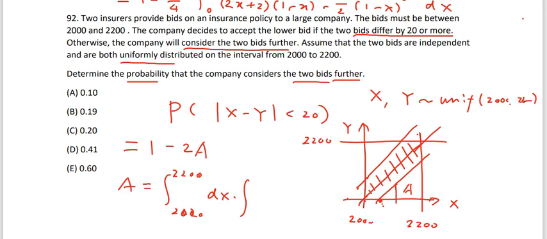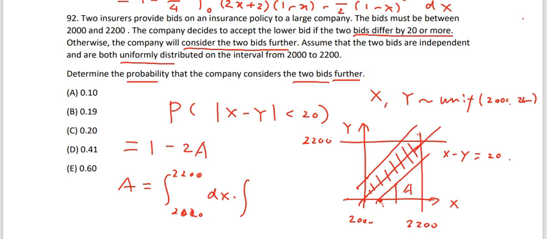What is this line? This line is x minus y equal 20.